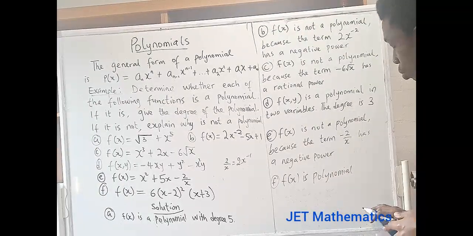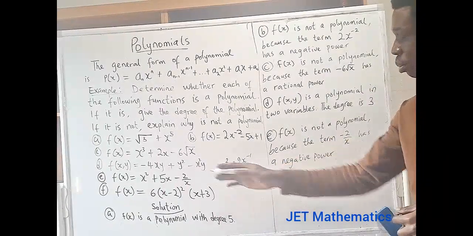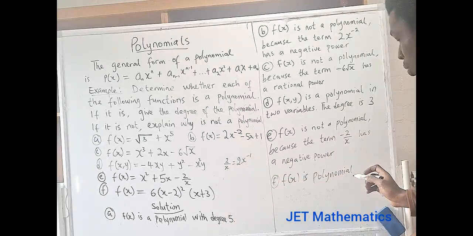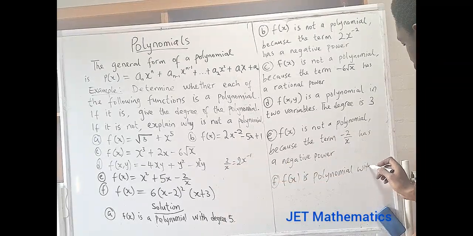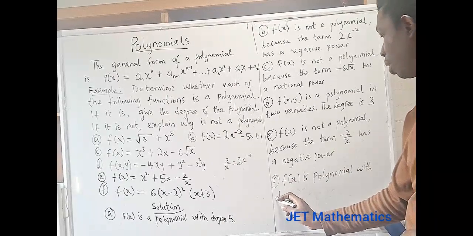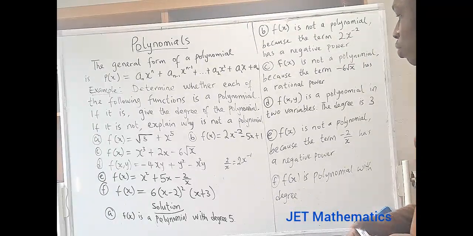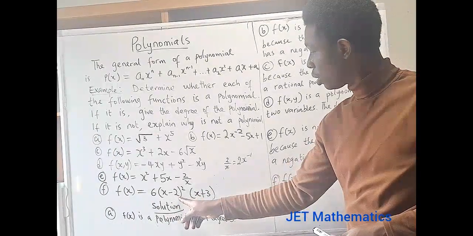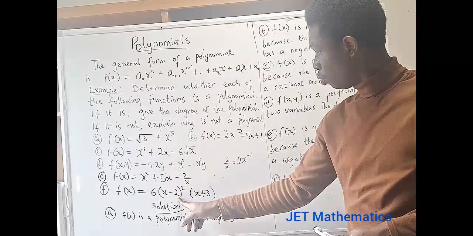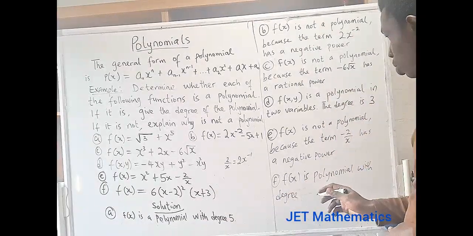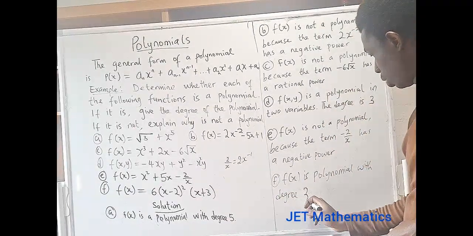We don't have the time to do that expansion now, but when you expand that, you get a polynomial with degree. The degree of this first factor is 2, and then if we use that to expand this, the degree will be 3. So the degree of this polynomial is 3.